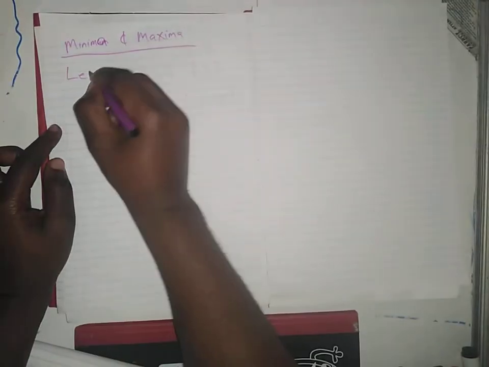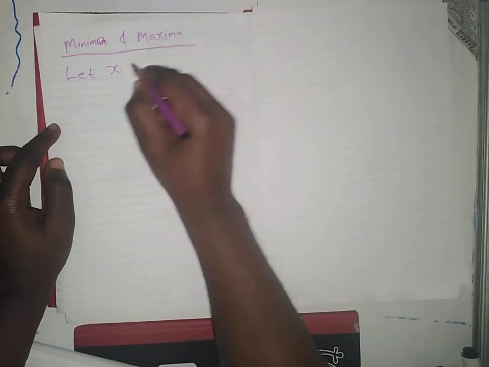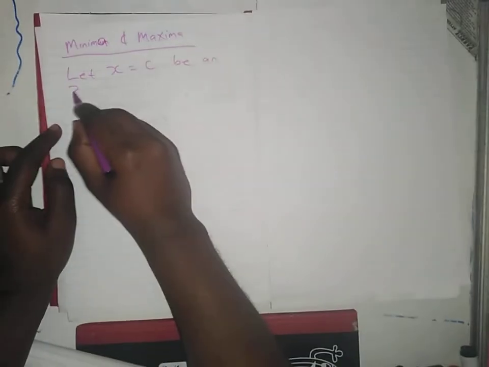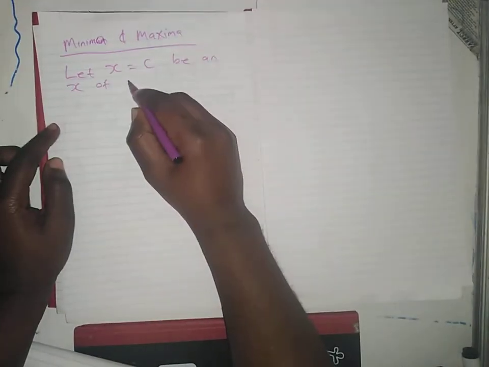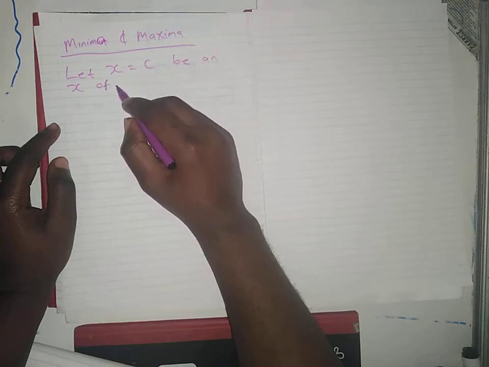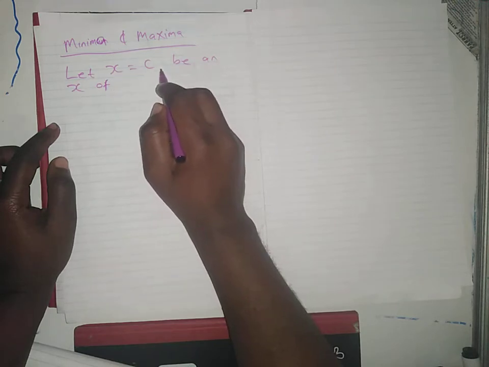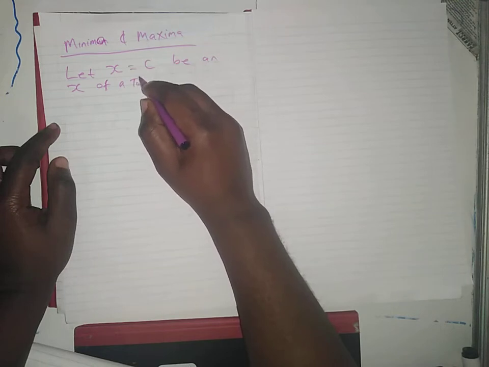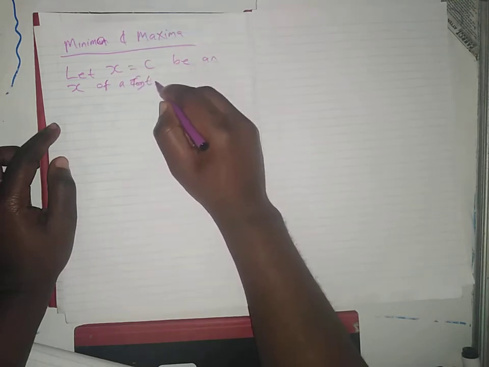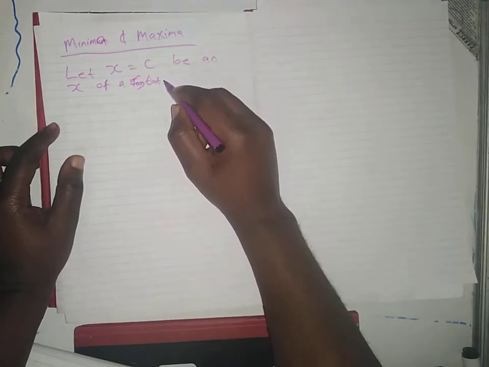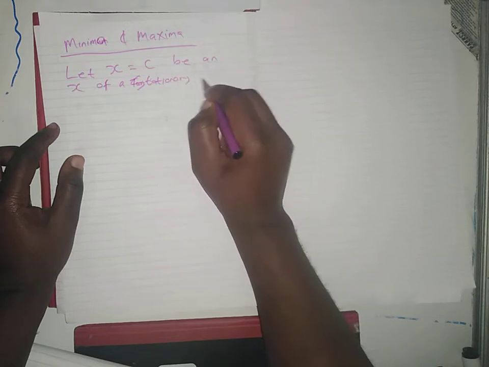You let x equal to c be the x of a turning point, since it's only the turning point that can be minimum or maximum. They usually use the term stationary point. A stationary point is just a turning point, so don't be confused.